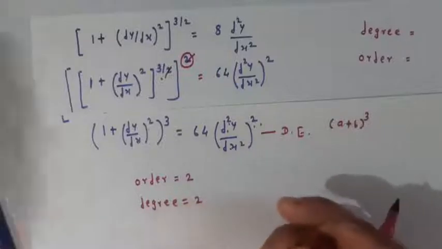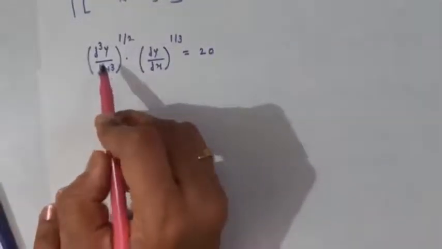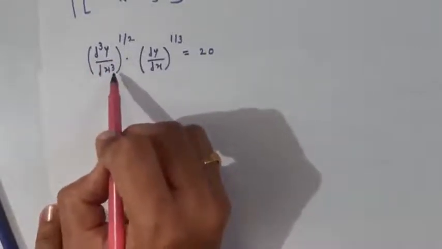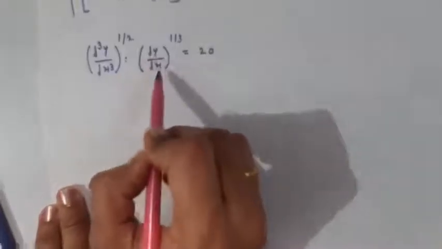Now the next problem: find the order and degree of the differential equation (d^3y/dx^3) raised to 1/2 into (dy/dx) raised to 1/3 equals 20. First simplify.